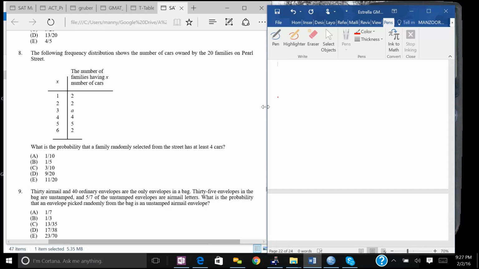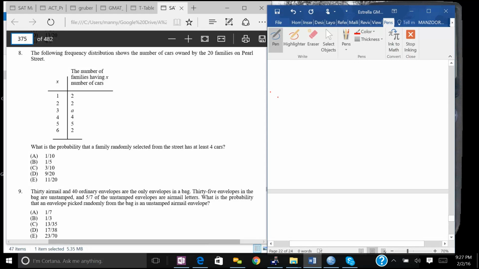Which one is at least 4 cars? So it's 4, 5. So is it A? No.